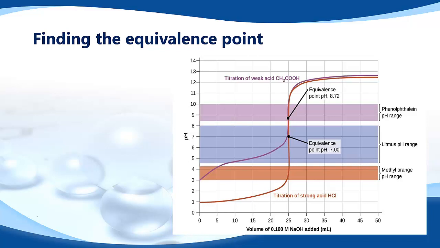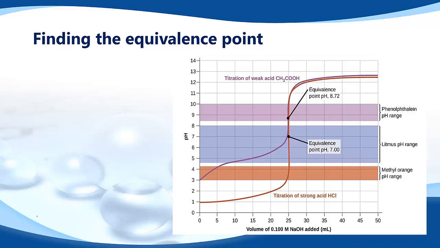Now, this graph right here is what's called a titration curve. This is another way that you can do titrations, is instead of using an indicator, you use a pH probe. And what you do is you have a special device called a drop counter, and as you add your sodium hydroxide, in this case, as you add that base in, each drop gets measured by that counter and added onto the volume and graphed.